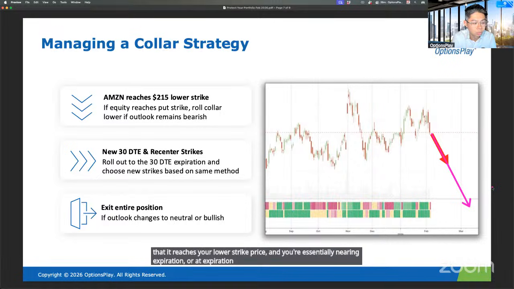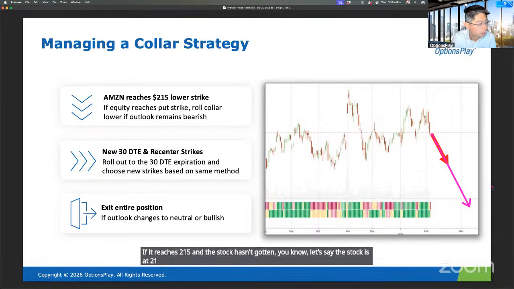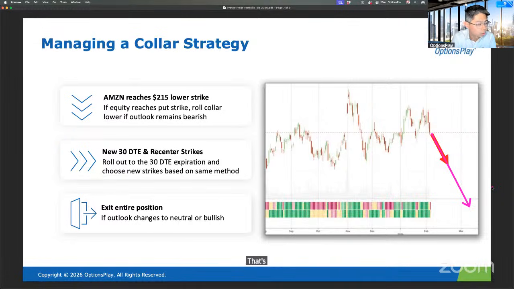So you get the protection below 215 only for 30 days. If the stock is at 215 or lower, and you think that the stock can keep moving lower, that's where you would want to look at utilizing or rolling a collar strategy as the stock moves lower. Okay, so hopefully that's just a clarification.